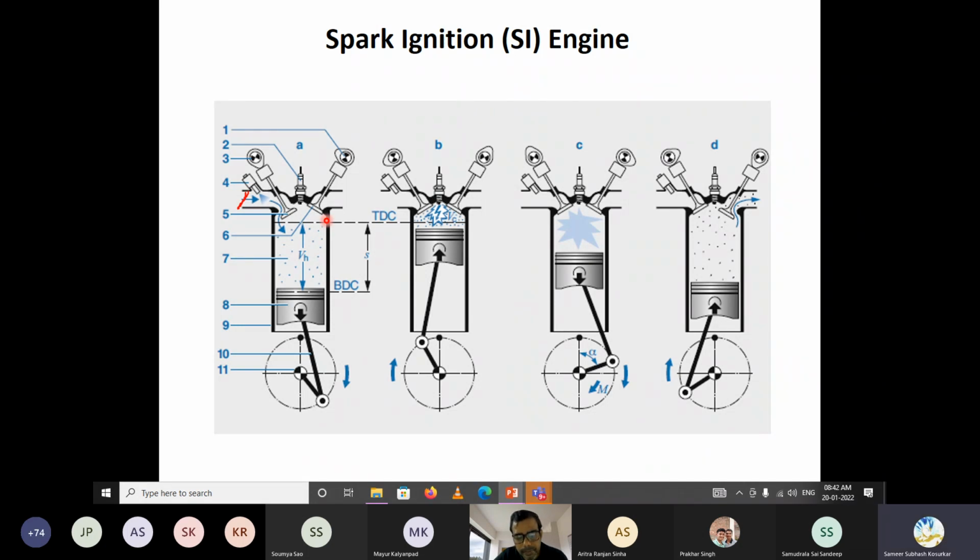Sir, so when will the fuel be injected? I told you, it is an optimization parameter. You have to optimize it. When do you want to inject? What should be the fuel injection timing? Right now I'm just telling you that you have a span of approximately 650-degree crank angle.